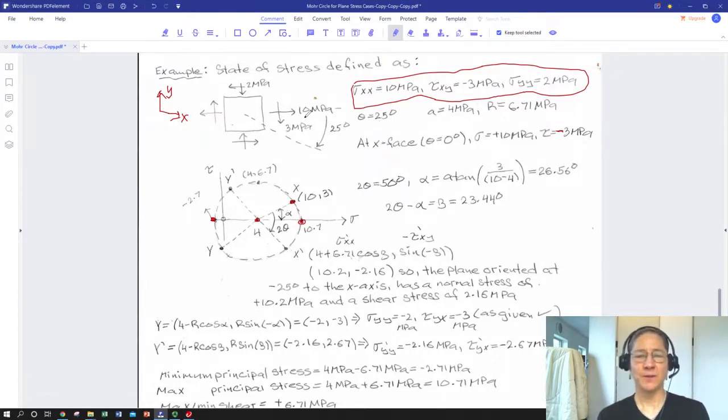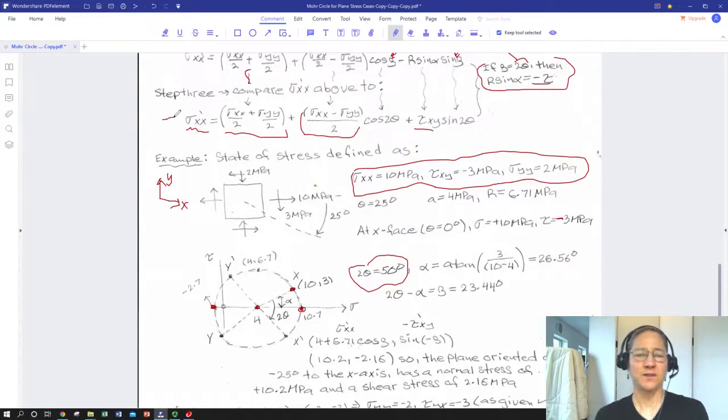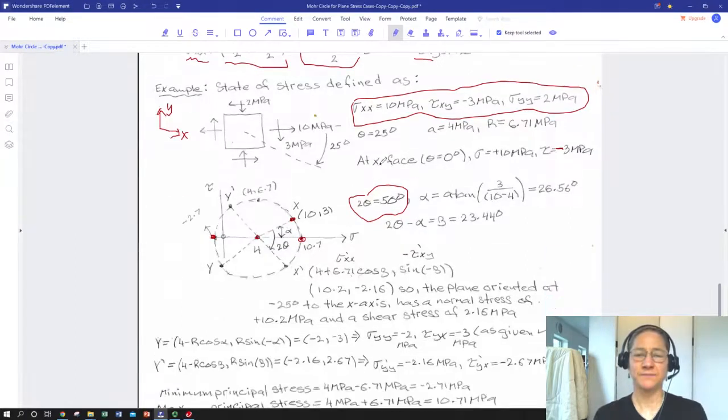Okay, go step by step. So first let's figure out what's going on at negative 25. So we use our conventions of 2 theta, and this is what we're doing, invoking this expression basically. So everything is going to be in terms of 2 theta, just like it was in the stress transformations. So theta is 25, sorry, I'm getting a little tongue-tied here.